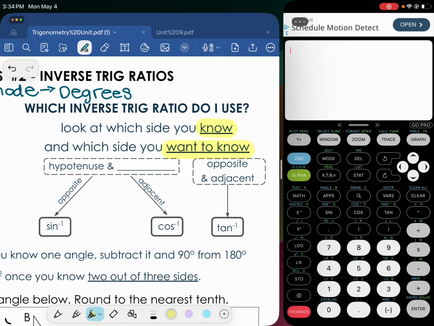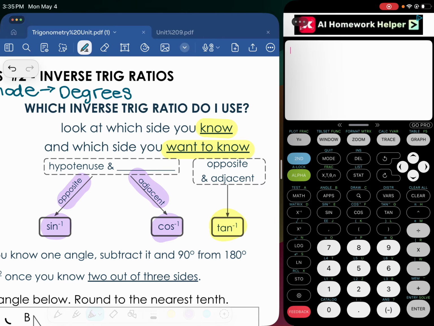It's opposite over adjacent. So if you know the opposite and the adjacent, you're going to use tangent. If you use the hypotenuse, you need to decide: is the other side the opposite? If so, that's sine, opposite over hypotenuse. If it's adjacent, cosine is adjacent over hypotenuse, then you'll use cosine.